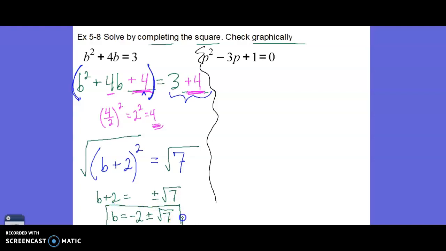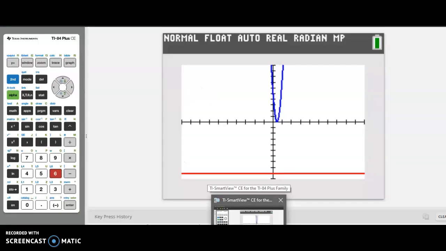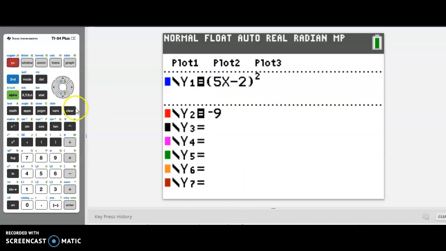Now, checking this work graphically, this is why I want your answer like this and not as a decimal, because if you go to a graphing calculator, I'm going to show you my graphing calculator, and just type in the original problem. Now, I'm not going to type in b, I'm going to type in x squared plus 4x.